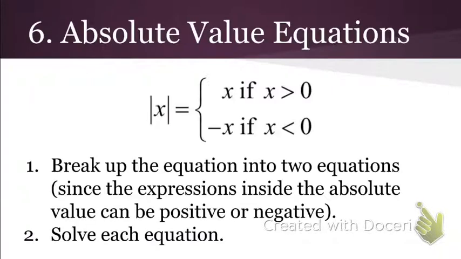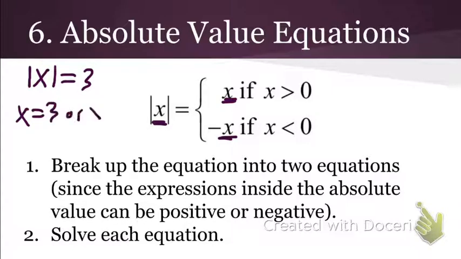Last but not least, absolute value equations. So the way to do this is rewrite the equation in two different forms. One where what's inside the absolute value is positive, and one where what's inside the absolute value is negative. Because remember, if you had the absolute value of x equals 3, x could be 3 or x could be negative 3, because the absolute value of both comes out to 3.